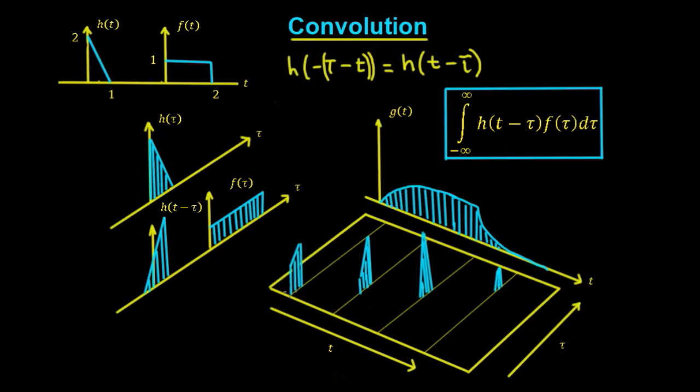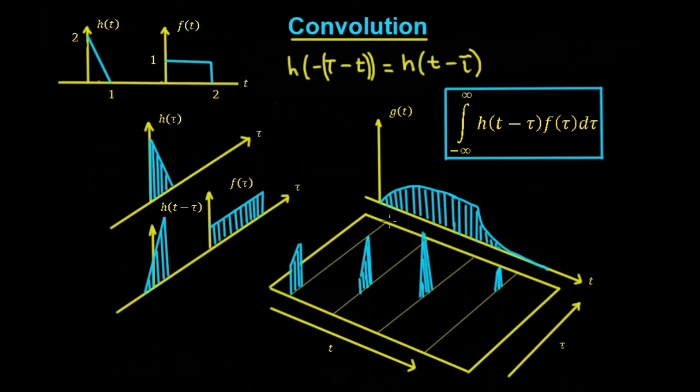And you can see that we can pick another value for the t, so we can say that's t0, we could call this t1. So this has now been slid further along. In this instance, this triangle would have been slid all the way over onto the f of tau, so we've got a maximum area of overlap, and so a maximum height here. And then you can pick another value for the parameter t, and so on and so forth.